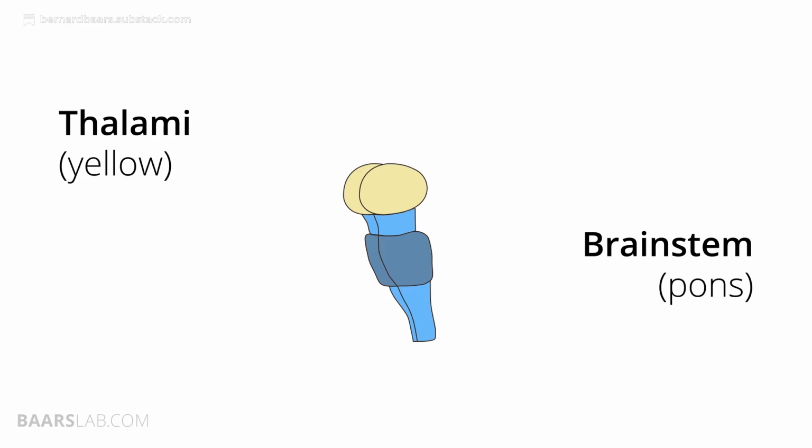Thalami is always plural because there's one on the left side and one on the right side, and each of the thalamus sprouts outward to its own part of the cortex. So the left thalamus relates to the left hemisphere, and the right thalamus relates to the right hemisphere. And all these things are interconnected.